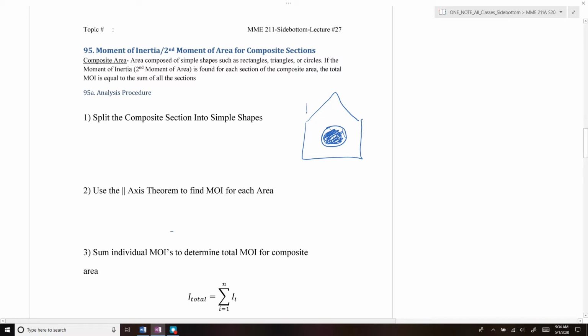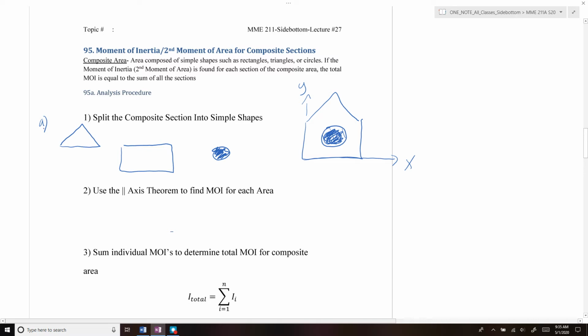Let's say we defined our origin on the bottom left-hand corner of our section. We would break this down into three parts: we'd have our triangle, our rectangle, and our hole or circle. So that's the first step.